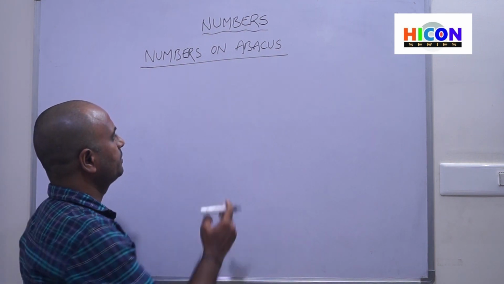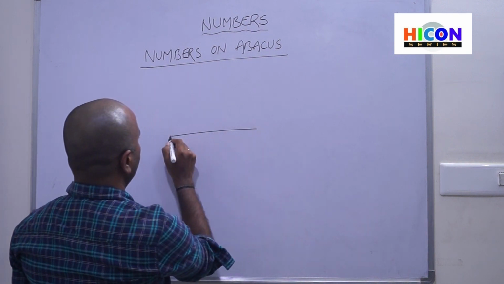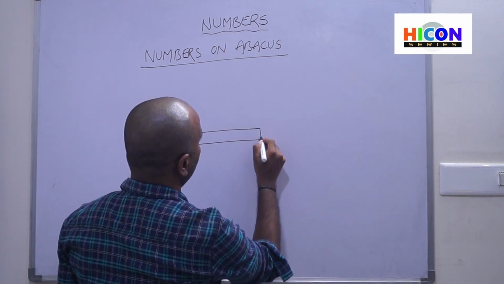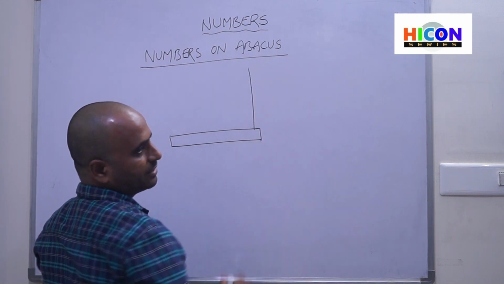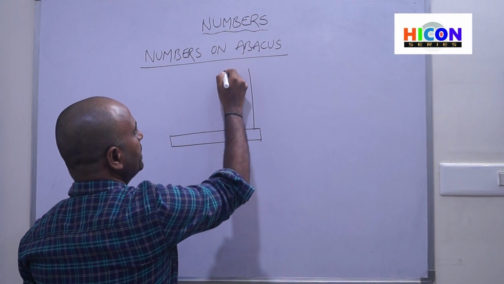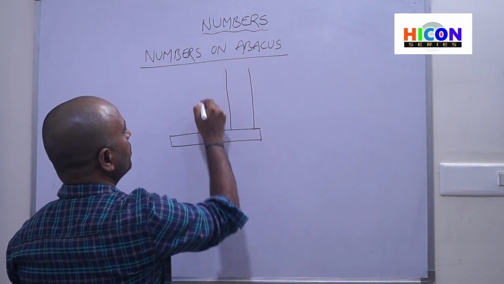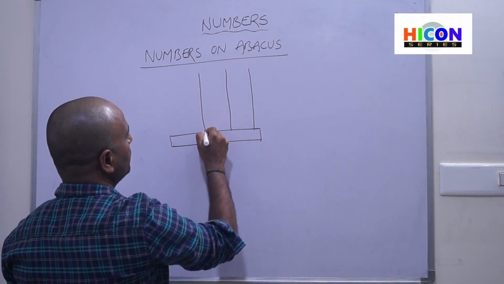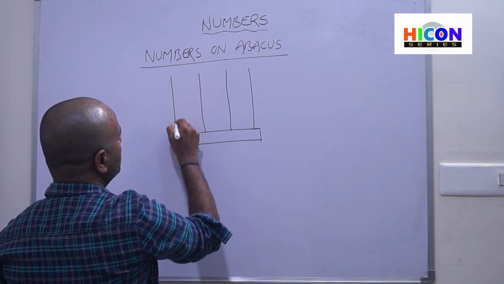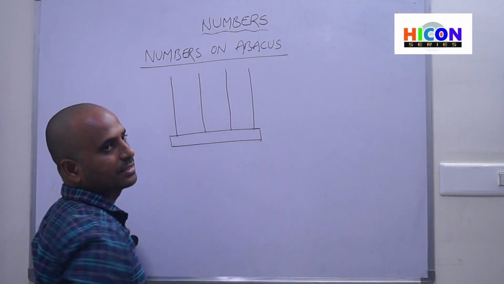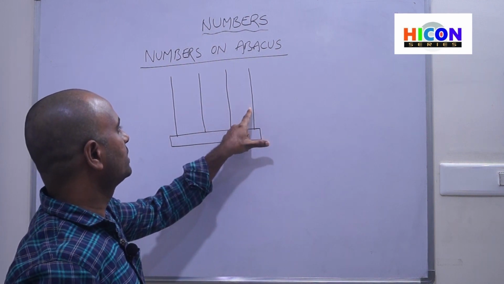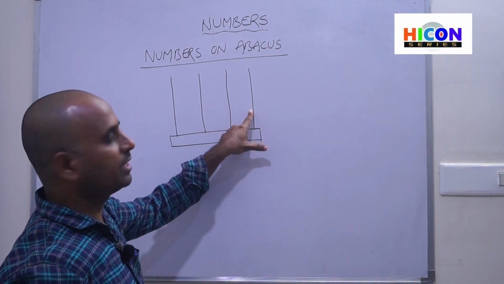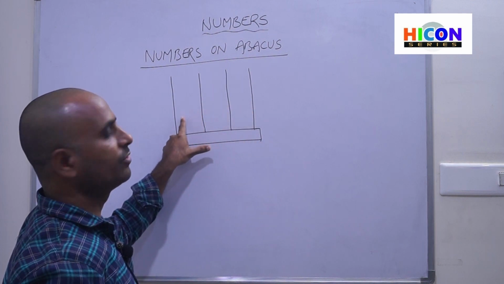Generally in an abacus there will be sticks or rods. Here the rods represent places. For each place there will be one rod or one stick. Here there are 4 rods: this is the first rod, second, third and fourth.